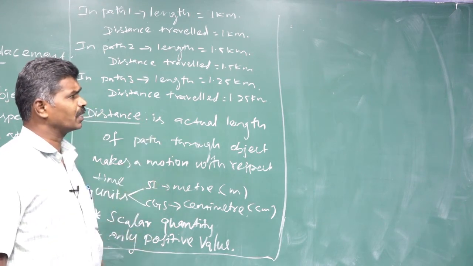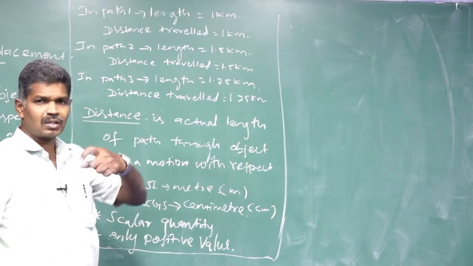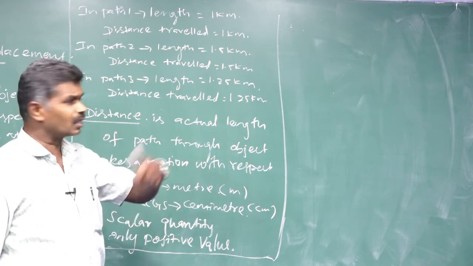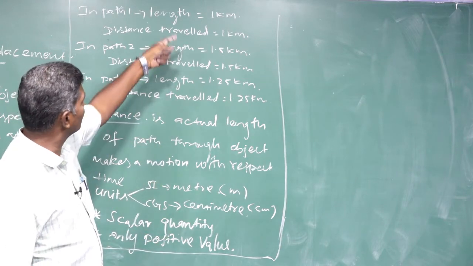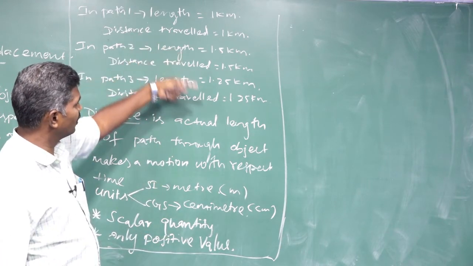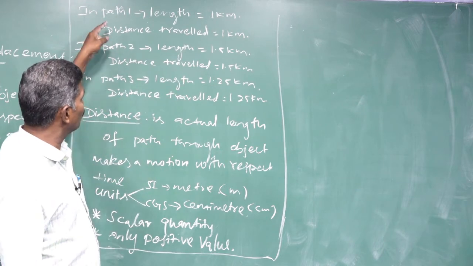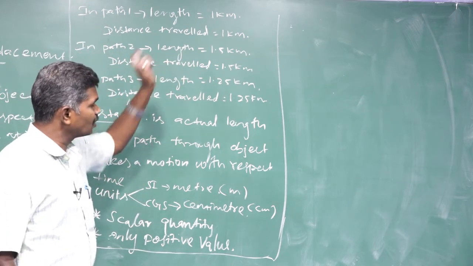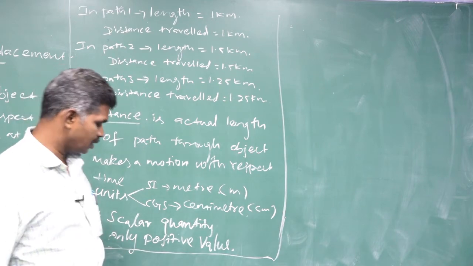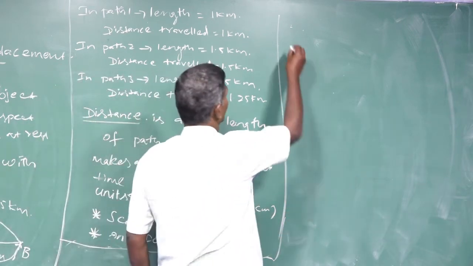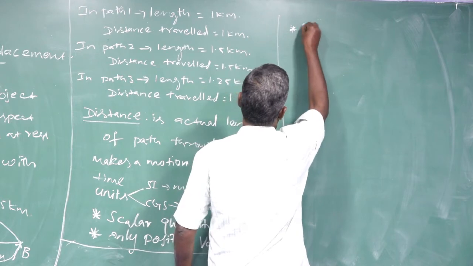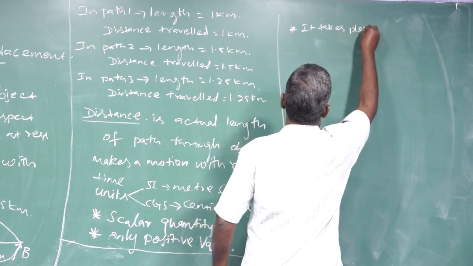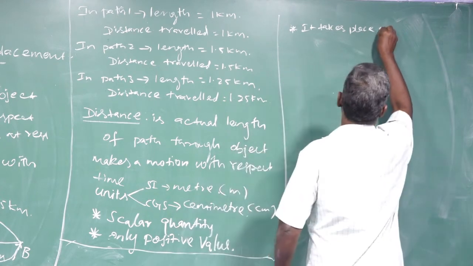It does not take only one single definite value, it may contain more number of values, because we gave that example: if we move path 1, path 2, path 3, the distance traveled value changes. So that's why it takes more than one value.